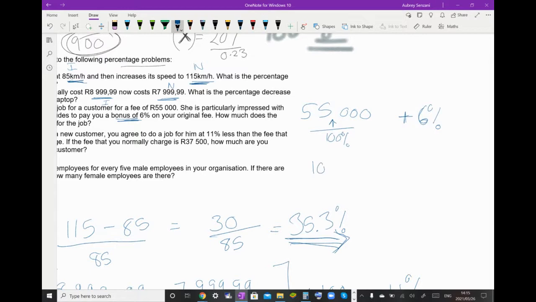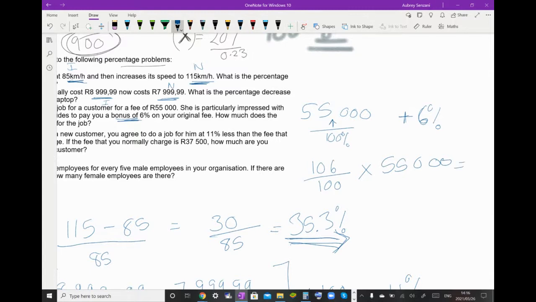So you can say 106 divided by 100, times 55, because the 55 is 100. Then what do we get?